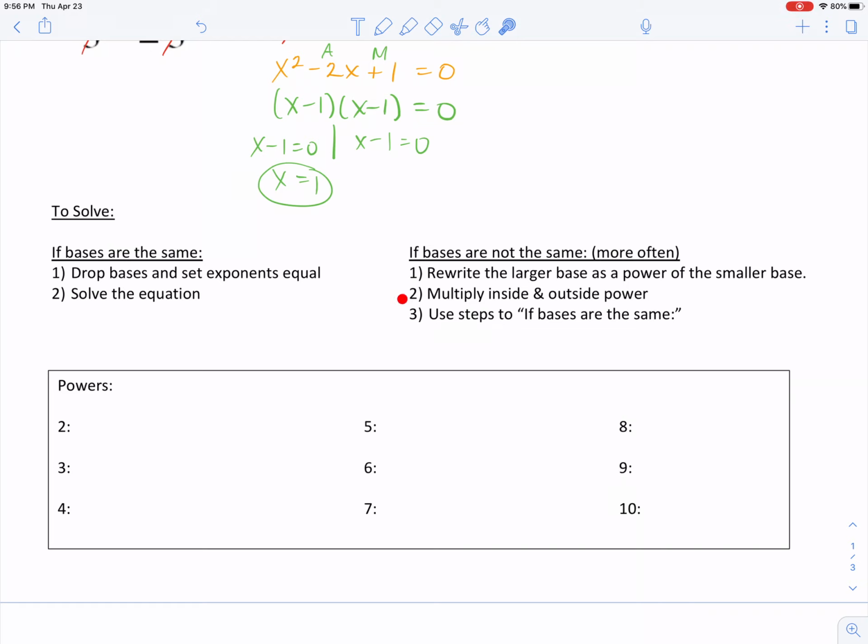Multiply the inside and outside powers, which is your power to power rule. And then use the steps for the easier ones. After you do step 1 and 2, then you drop the bases and set the exponents equal and solve the equations. So there's just these additional 2 steps.